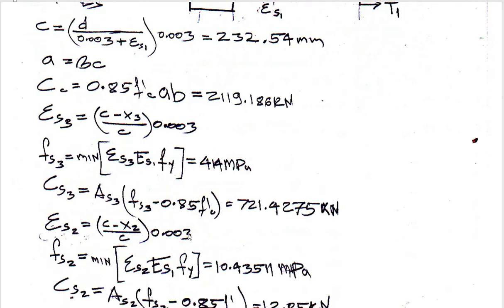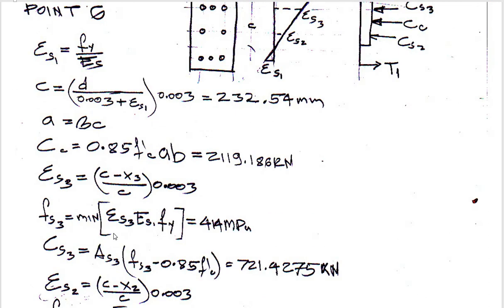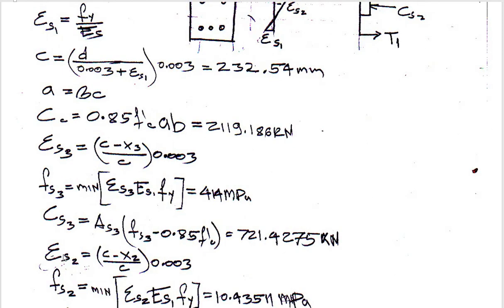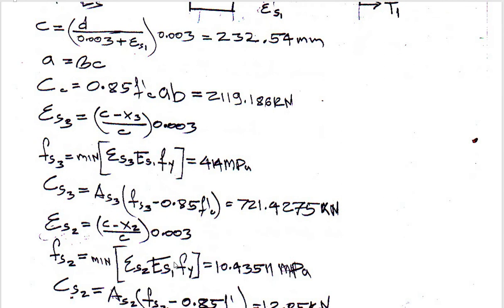Okay? So, compression in steel 3 now is AS3 times the quantity 414 minus 0.85 F prime C divided by 1,000. You get 721 kilonewton. Likewise, sa strain in steel 2, this is again by similar triangles. You multiply this strain by elasticity. Okay?